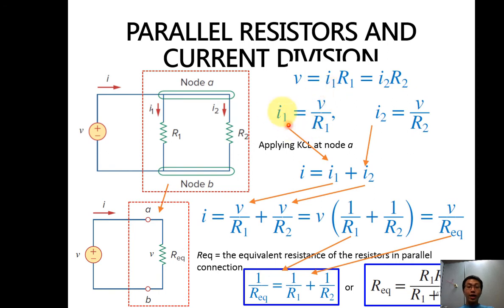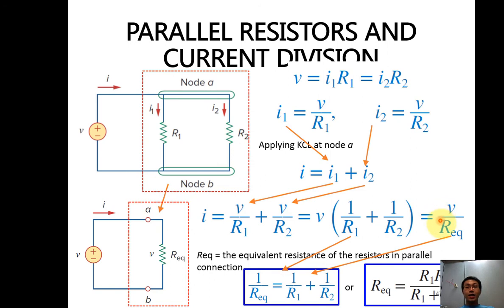Then I can rewrite I1 equals V divided by R1, or I2 equals V divided by R2. Then I apply Kirchhoff's current law at node 1, which means all in equals all out. So my I equals I1 plus I2. I substitute my I1 and I2 into here, then I factorize the V, and I find this.